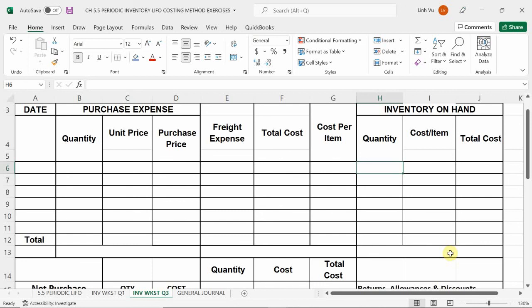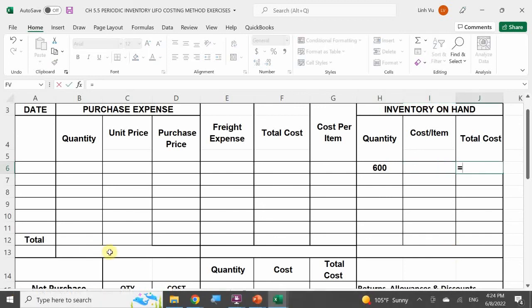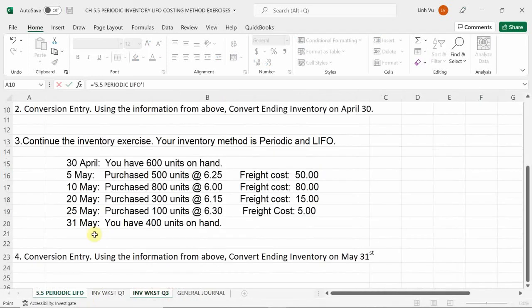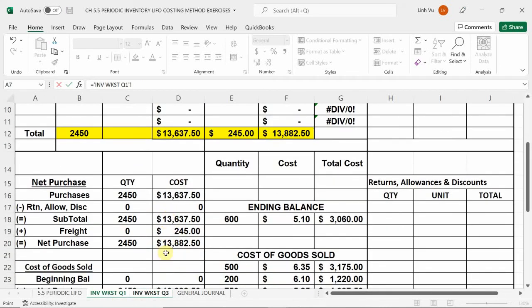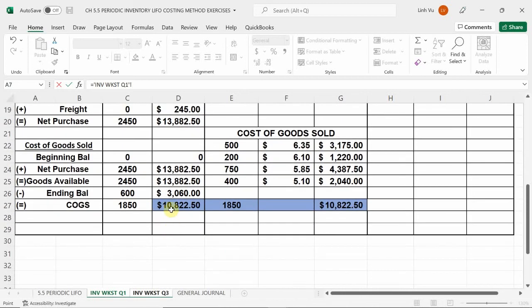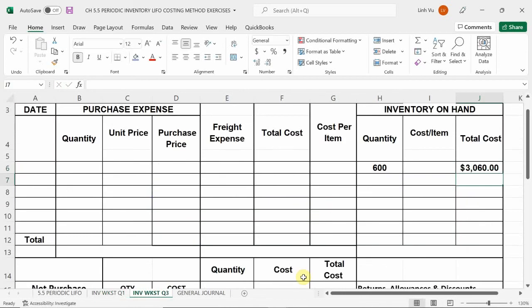As of April 30th, you had a total of 600 units, which you've calculated, which gave you a grand total of $3,060. That was your ending inventory. So you're going to carry this value over to your new inventory worksheet.